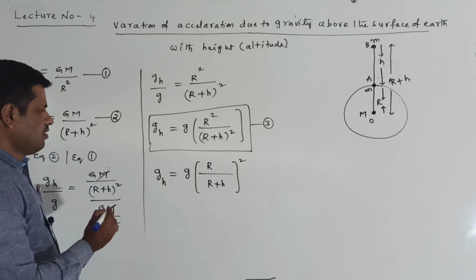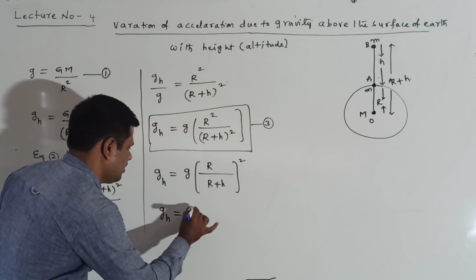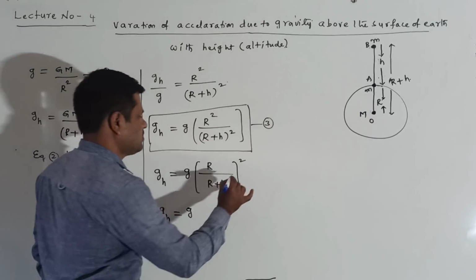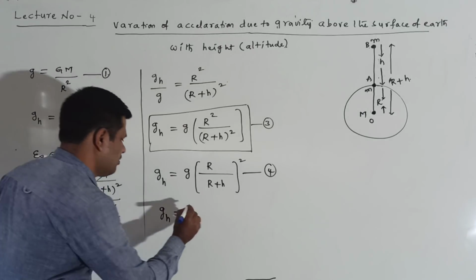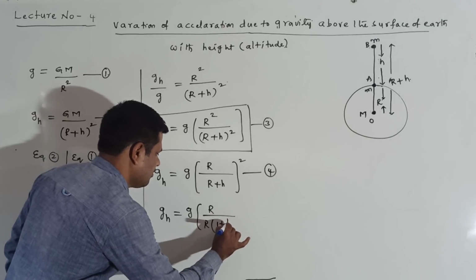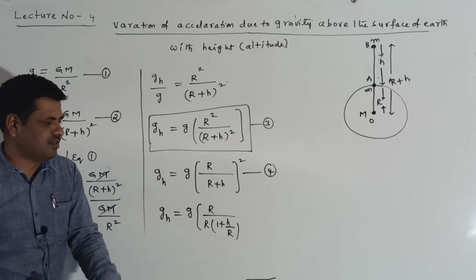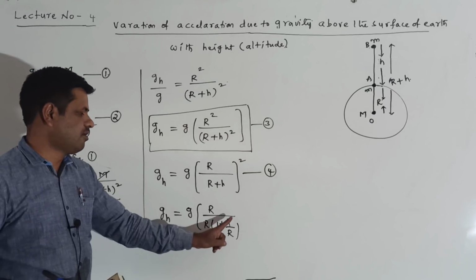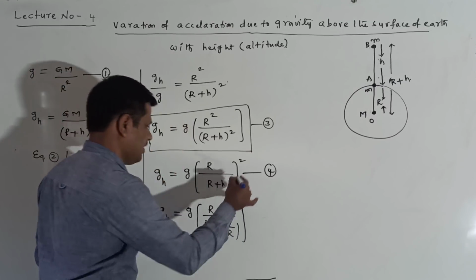This is given as equation number 4. Now gh is equal to g into R, taking R common, remaining is (1 plus h by R) whole square.